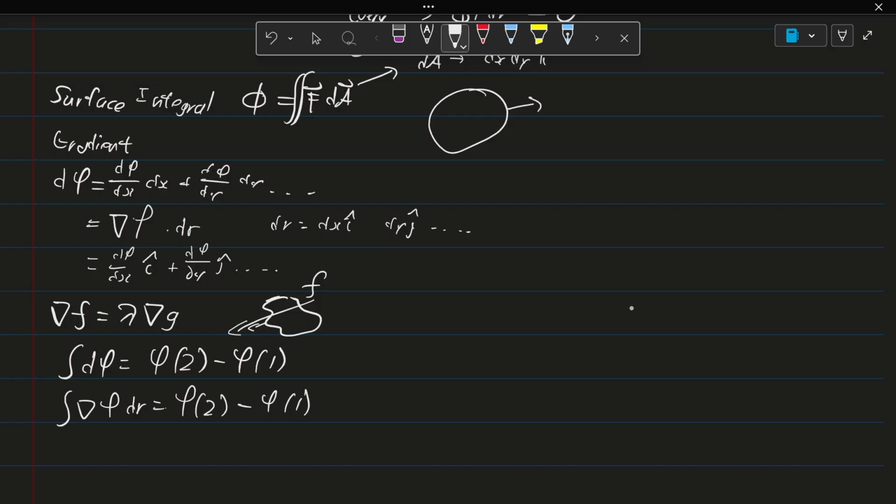This is something very elegant: if you know that your vector field is the gradient of a certain scalar function, you know that it's conservative. This is one of the ways for you to figure out if something is conservative or not.